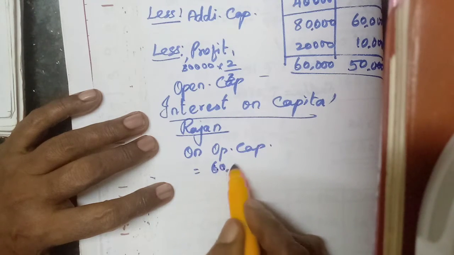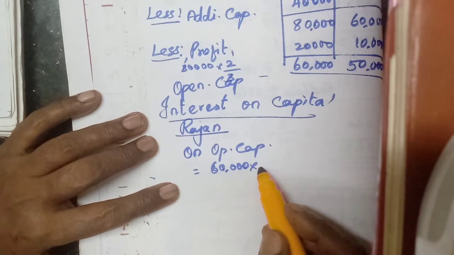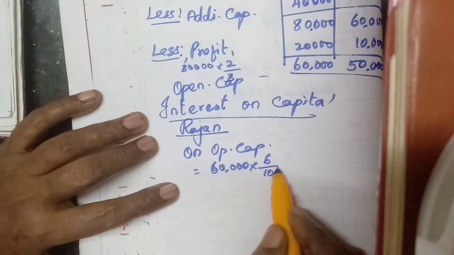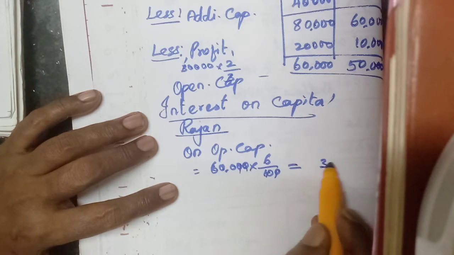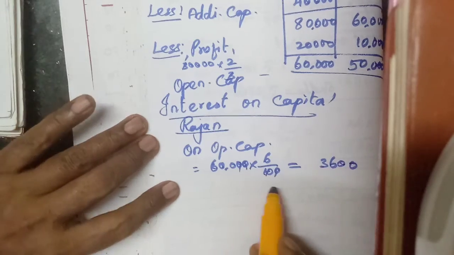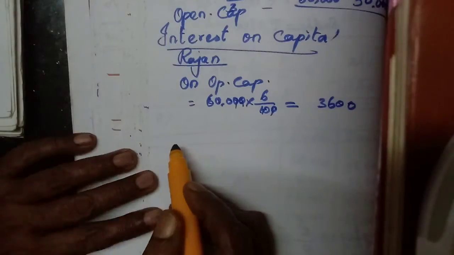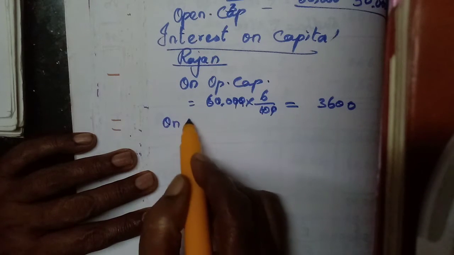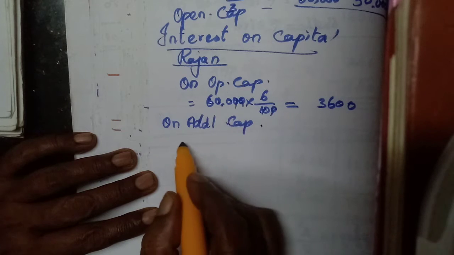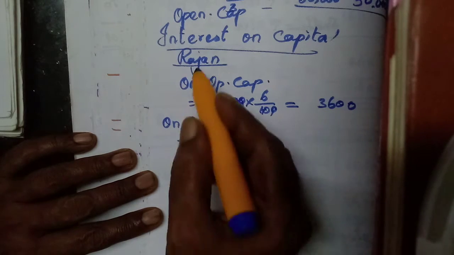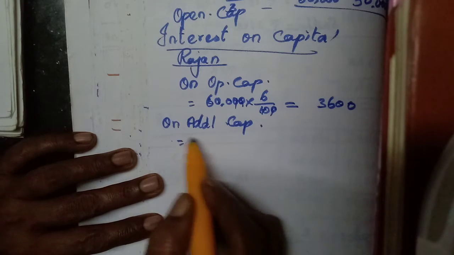Opening capital is 60,000 into rate 6 by 100, which gives 3,600. Then for the additional capital, how much is the additional capital of Rajan? 40,000.